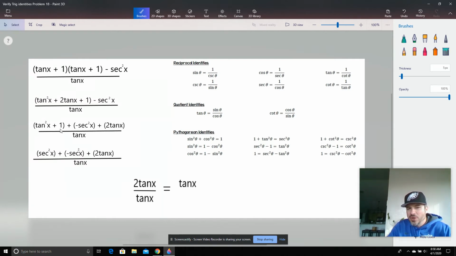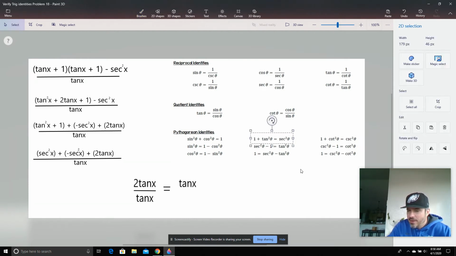Then I use the associative property that says, hey, I want to do this addition first, right? And the reason I chose to do that is because of this identity here, right? So what we can do then is eliminate that and put secant squared of x in its place, right? Using this Pythagorean identity over here.